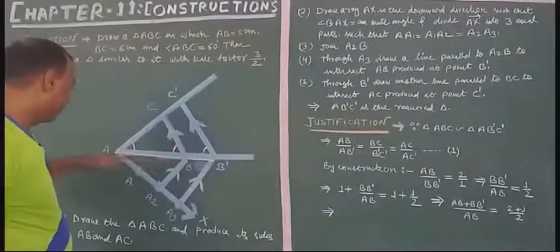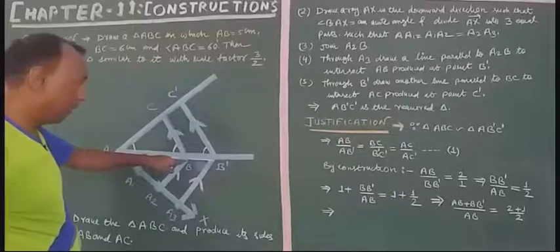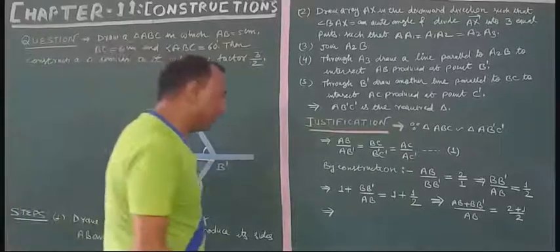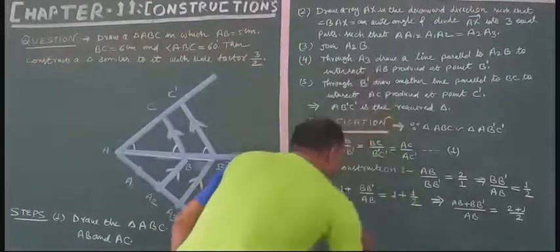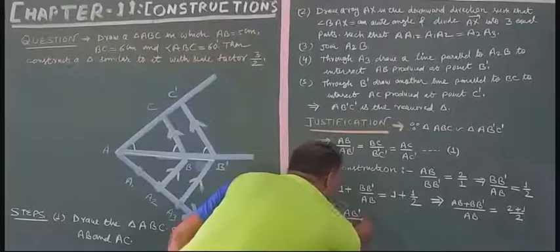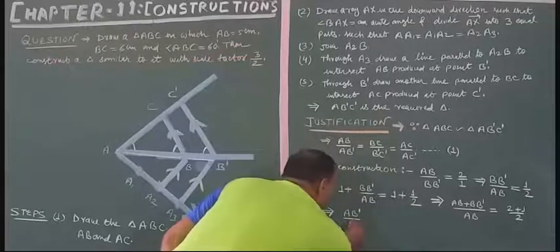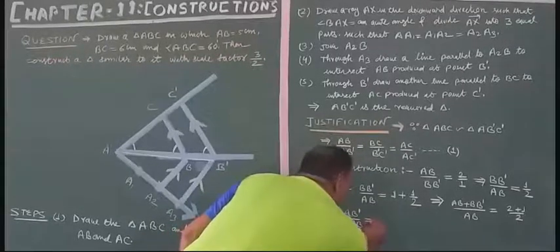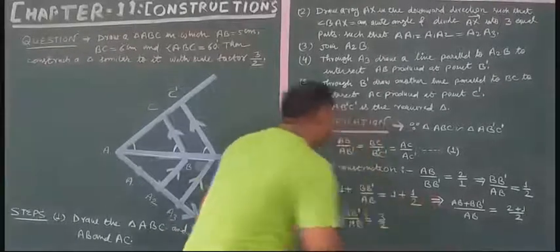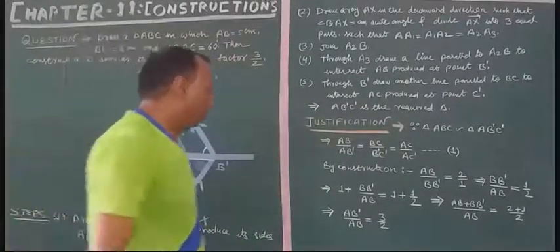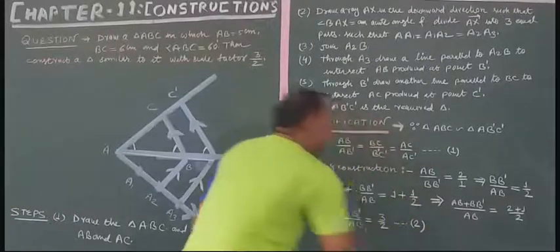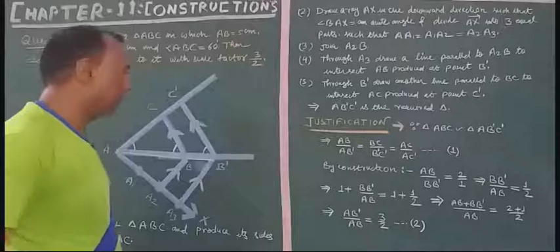AB plus BB dash is AB dash, and in the denominator is AB. This is equal to 3 upon 2. This is your equation number second. Is it there?